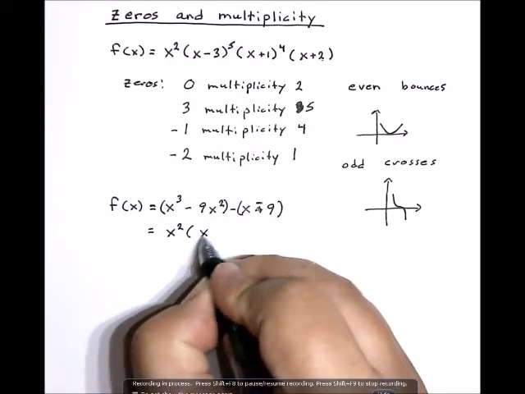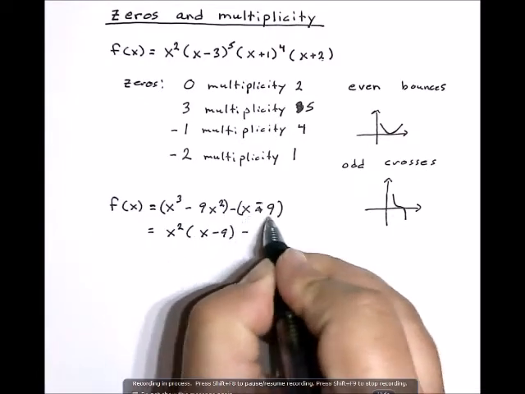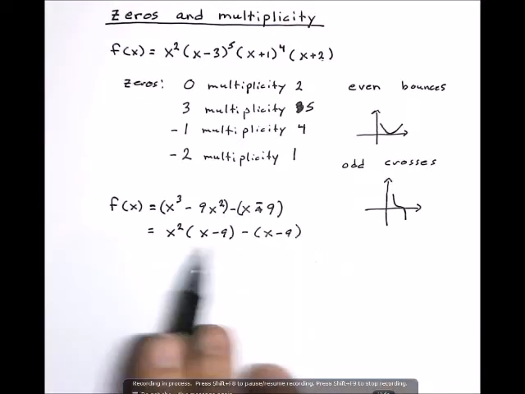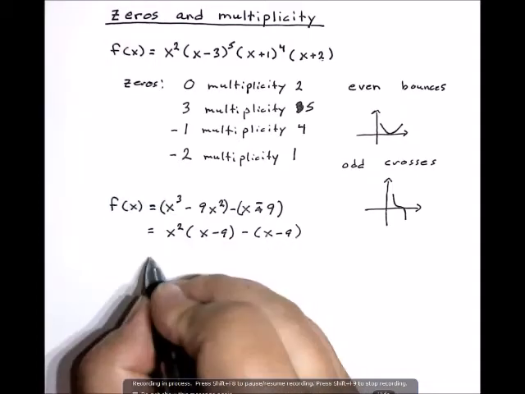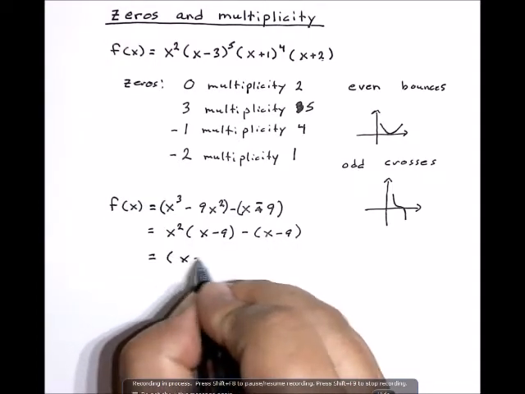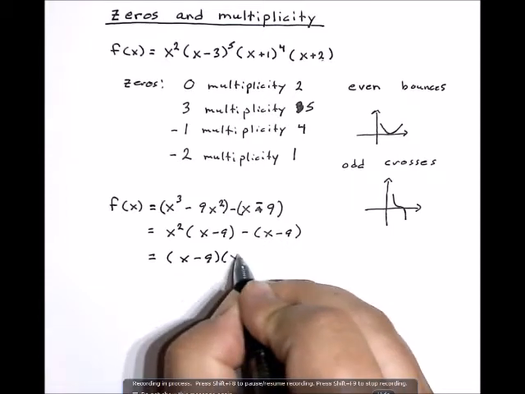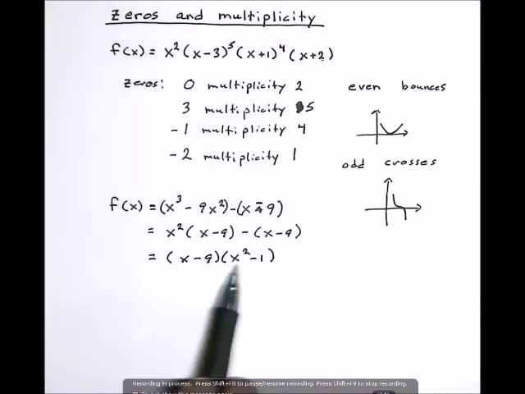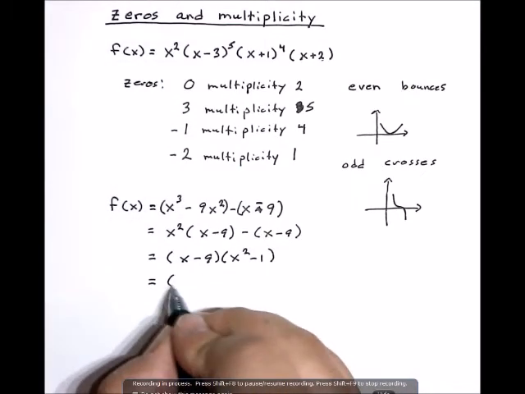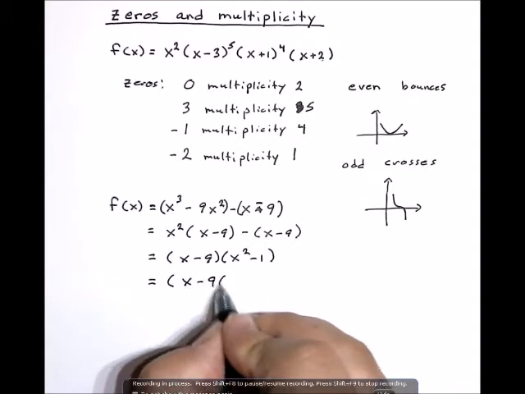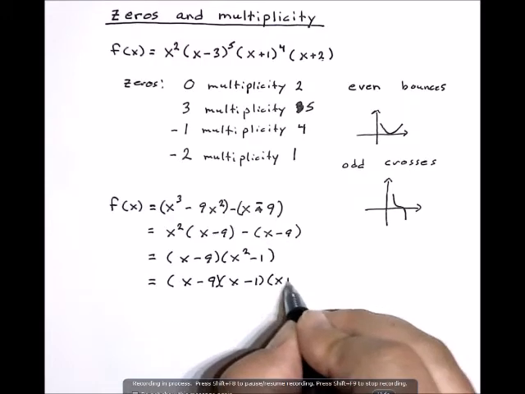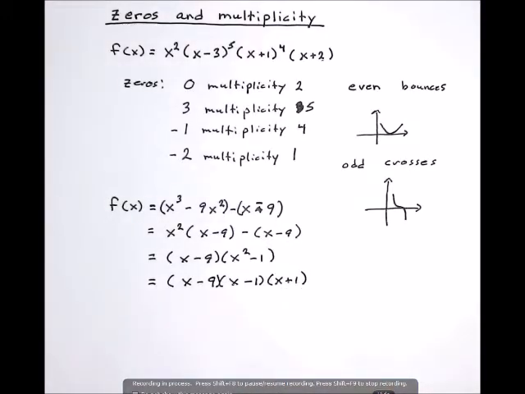And there's nothing I can pull out of here. But now each of these terms has an x minus 9, which leaves me with x squared minus 1. And we're almost done because this will also factor. That's a difference of squares, and that factors nicely. And now I'm completely factored.